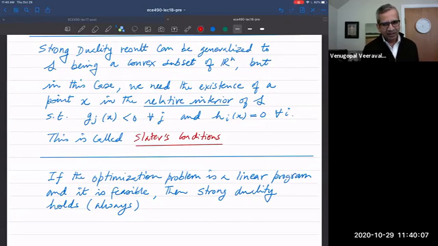Essentially you need the convexity of the Lagrangian function to be able to prove things, but if S is not all of R^n, then you can run into some issues. So you need another little condition in order to be able to prove things.